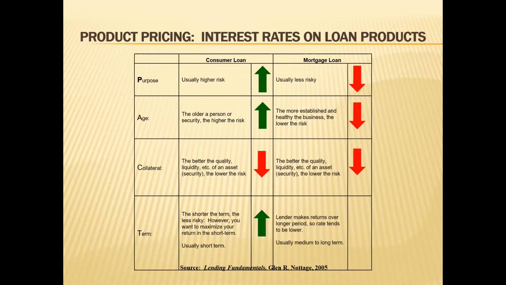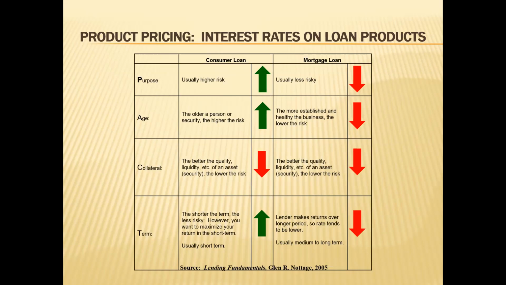And what about on the mortgage loan side? It'll be down, sir. Down. Okay. So on the consumer loan side with PACT, we have 3 arrows pointing up, so the interest rates are higher.